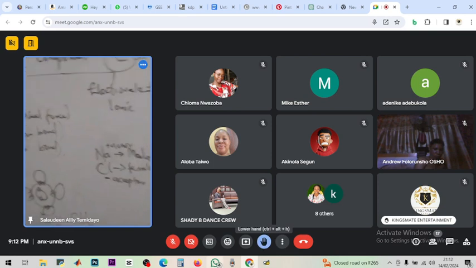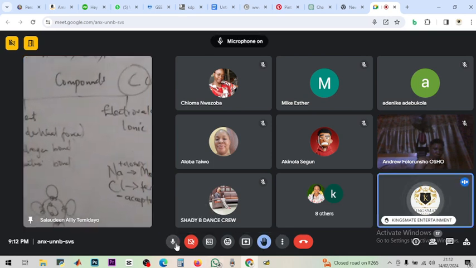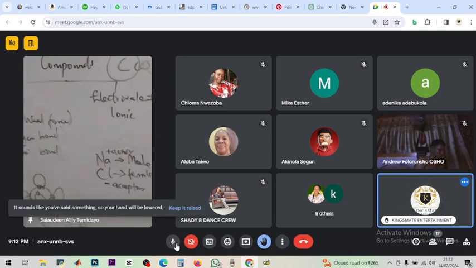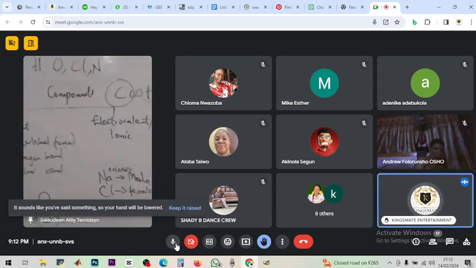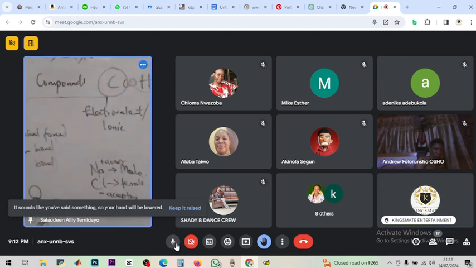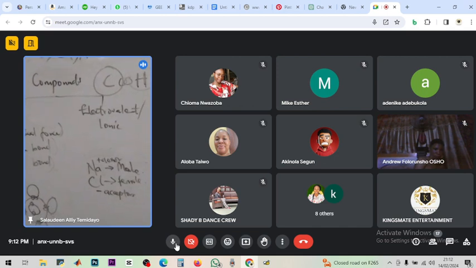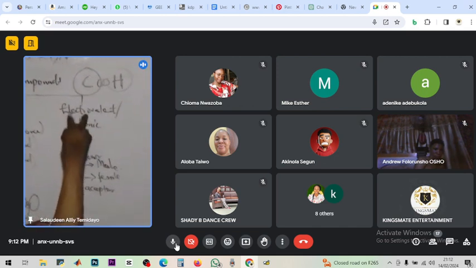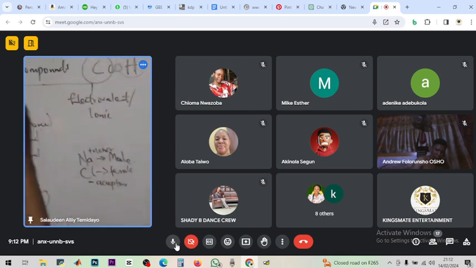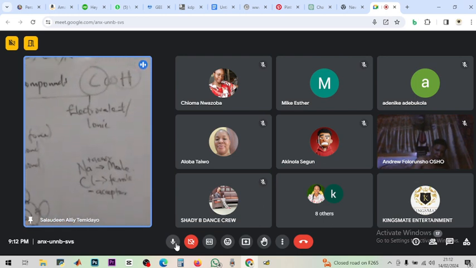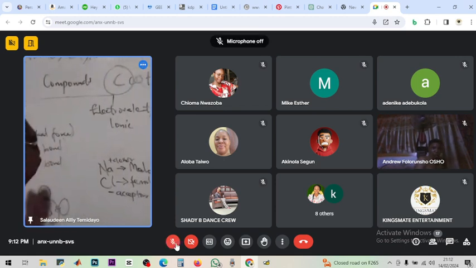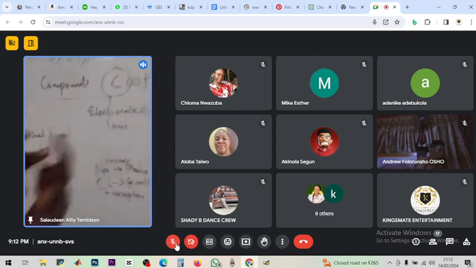Intimate, let's hear you. Please, there was a statement you made before. You said that electrovalent compounds are formed by transfer of what? Electrons. Yes, the transfer of electrons. So electrovalent compounds are exactly the same as ionic compounds. The opposite is covalent compounds. Those covalent compounds share electrons. Co means sharing the same thing.